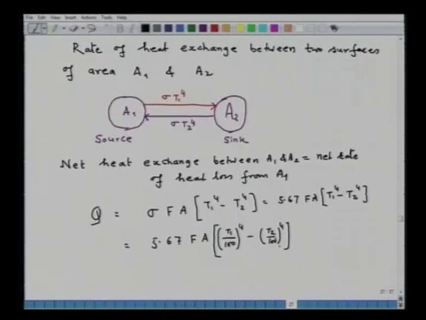So, that is the heat exchange between the two surfaces A1 and A2.